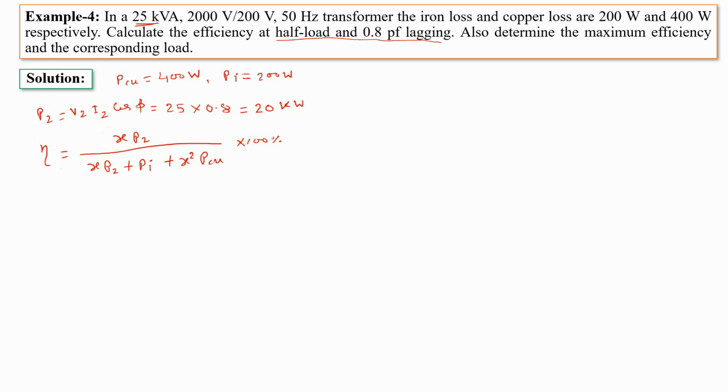X is the fraction of the full load. Here we have to find the efficiency at half load condition. So for half load, the value of X will be equal to 0.5, or half of full load.